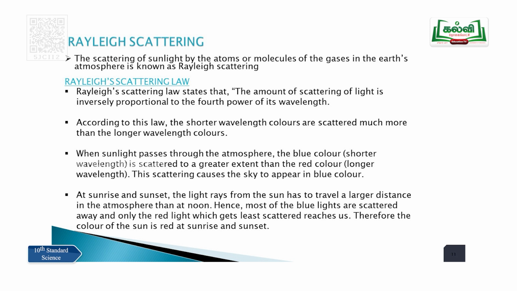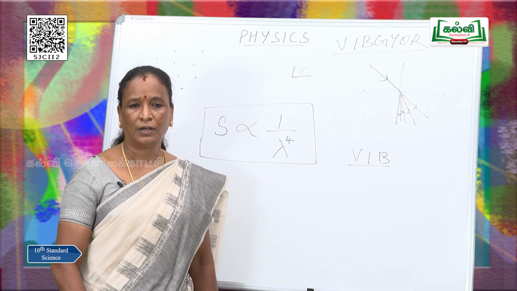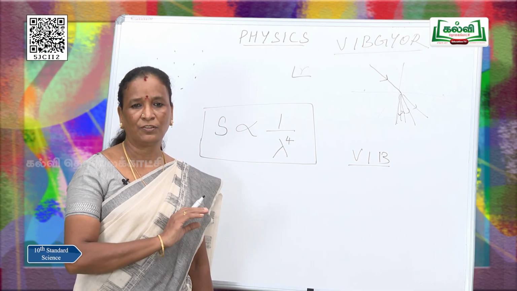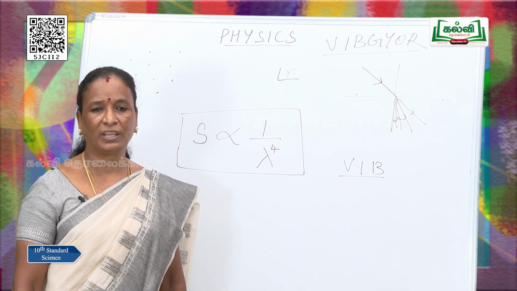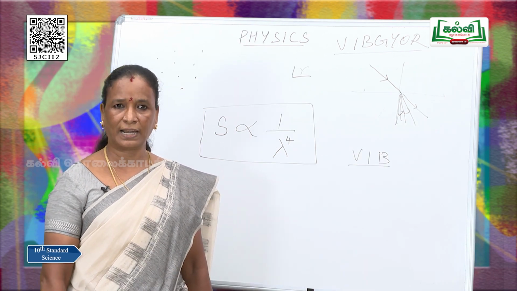Hence, most of the blue light is scattered away, and only the red light, which gets least scattered, reaches us. Therefore, the color of the sun is red at sunrise and sunset. This is the reason why the sun looks red during sunset and sunrise. Not only the sun, the sky also looks orange in color. So far we have seen Rayleigh scattering.